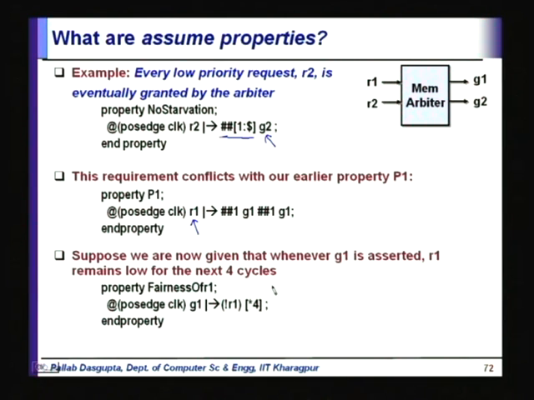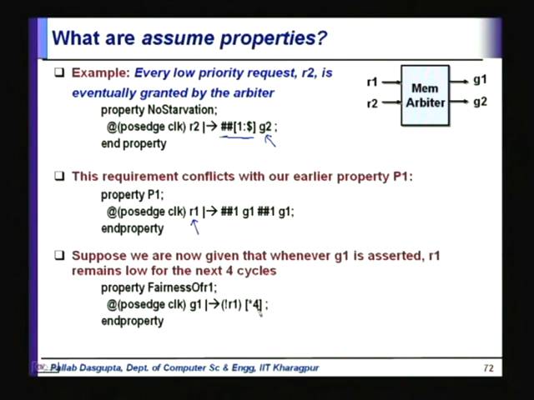That device keeps R1 low for 4 cycles whenever it gets a grant. So, that property is written like any other property: at posedge clock, G1 implies not R1 for the next 4 cycles.